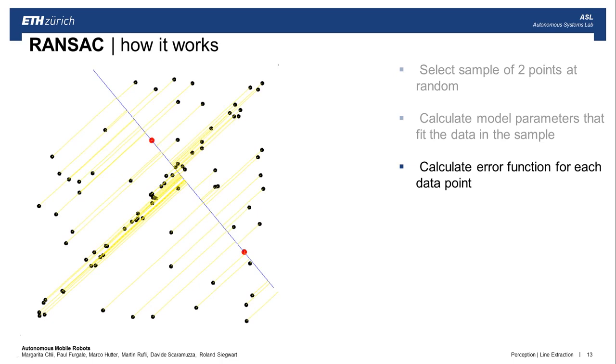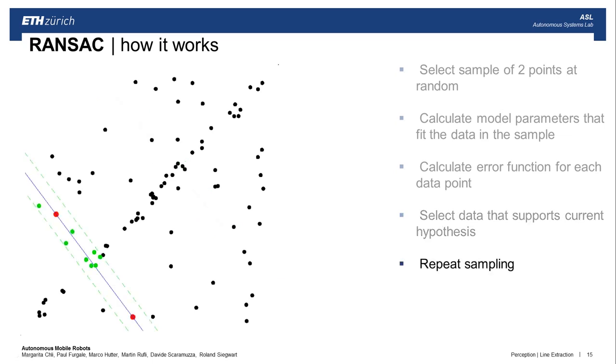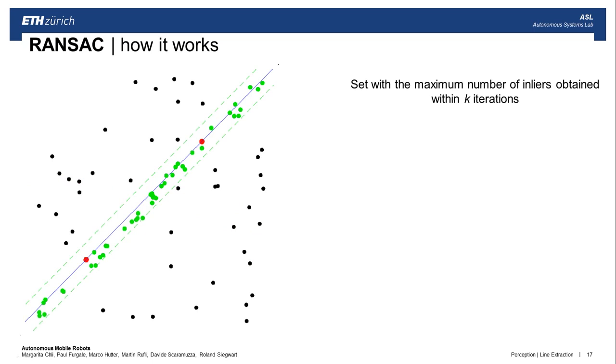Then RANSAC proceeds on to calculate the error function for each data point in the whole set. Then it selects the data that supports the current hypothesis and saves this hypothesis. Then sampling is repeated, which is what you see here, until it arrives at the hypothesis with the maximal support within the predefined number of iterations that we wanted to run RANSAC for.